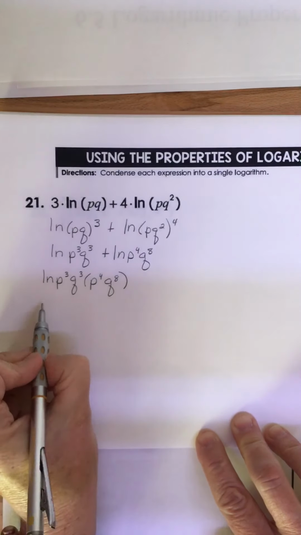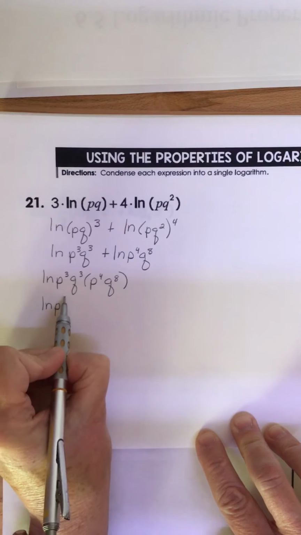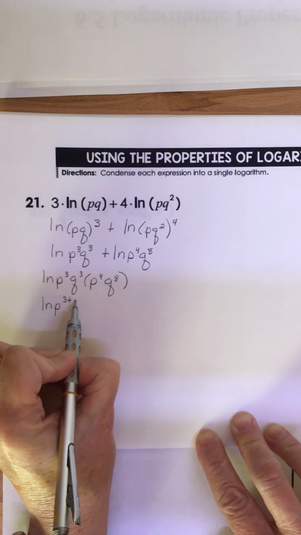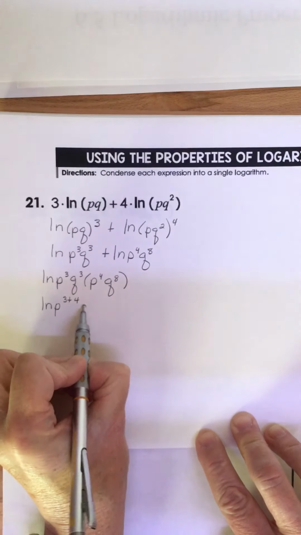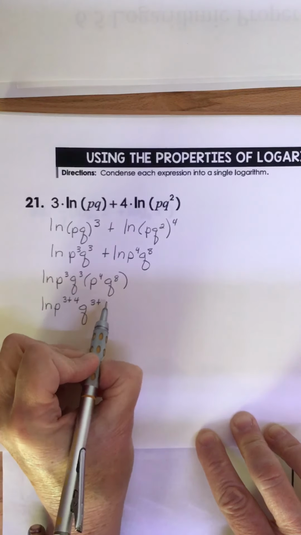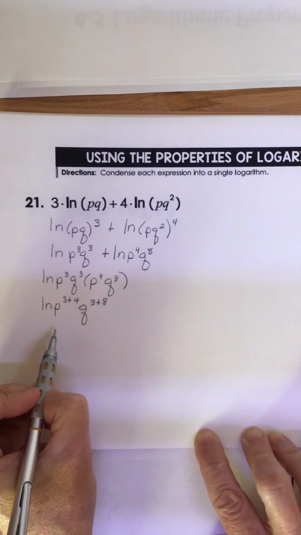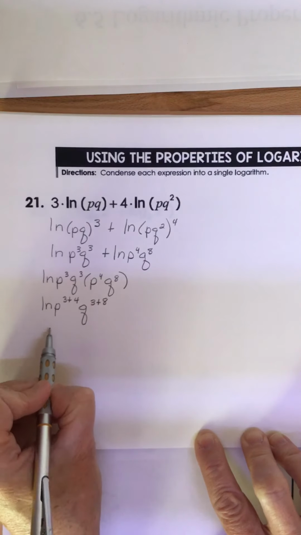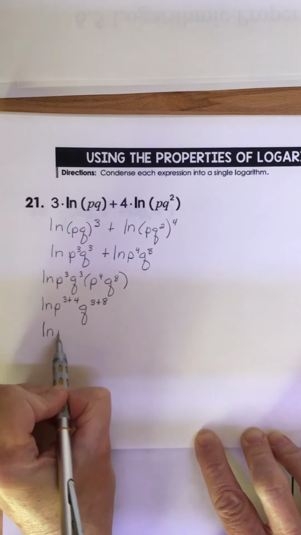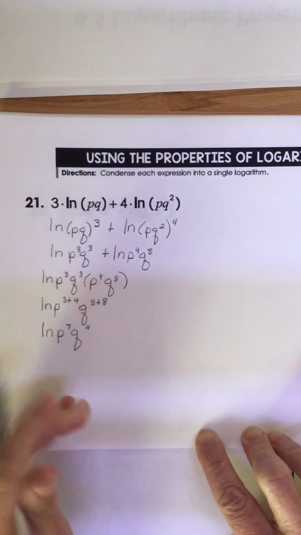And so remember that rule on the exponents where we have P to the power of 3 plus 4, and Q to the power of 3 plus 8. So then our final answer is natural log of P to the 7th Q to the 11th.